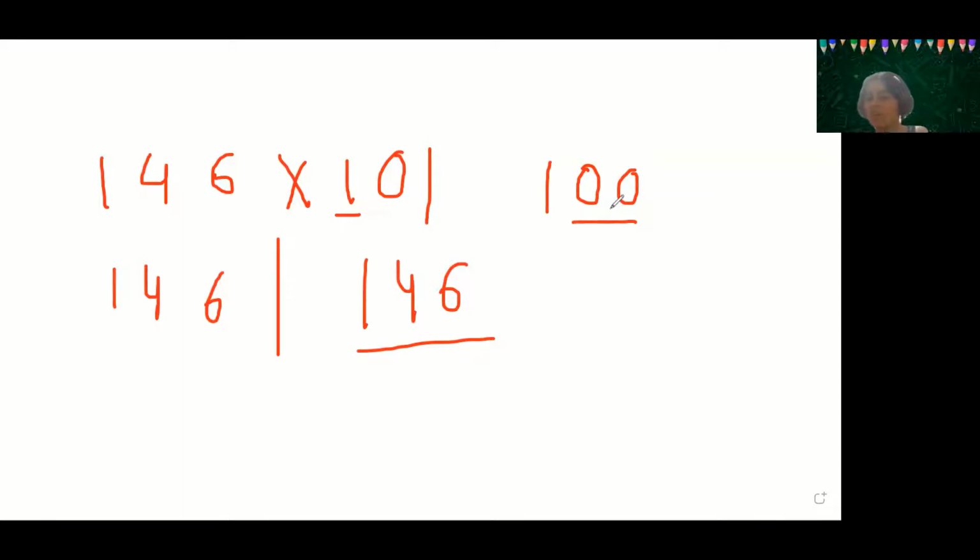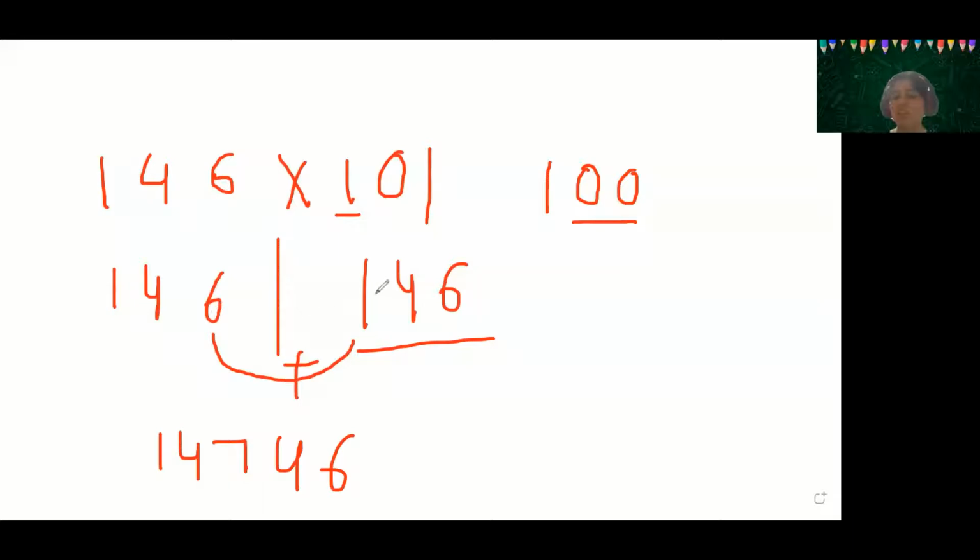But here digits are more. Now what should we do? We cannot remove 1. So we will go for chain addition. So the answer is 14746. 6 plus 7 you need to add. Understand? Everyone? If you understand, just show your thumb.